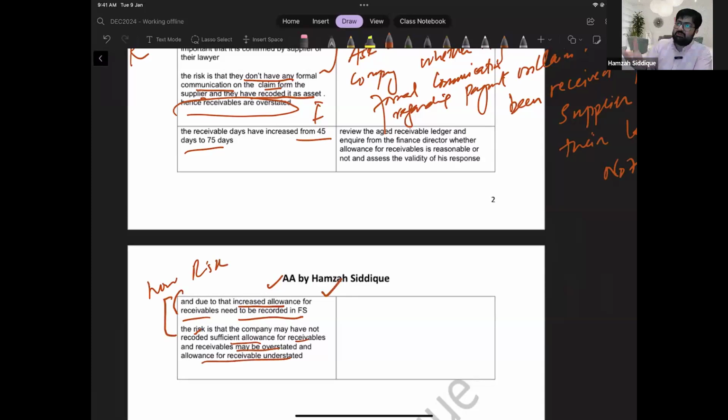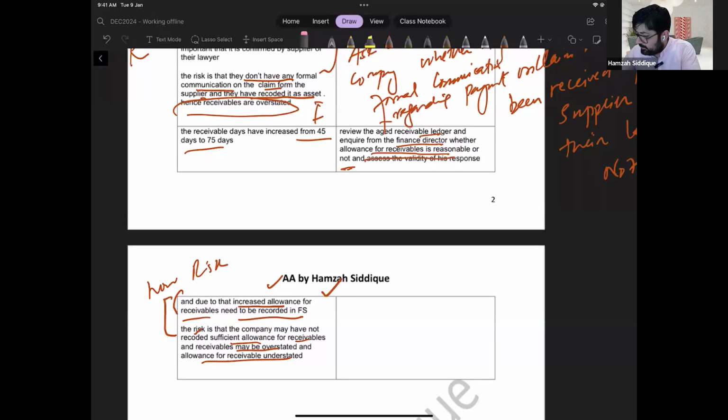There may be a number of substantive tests for us. You can write any which is fit. I have written, review the aged receivable ledger and inquire from the management whether the allowance is reasonable or not. So validity of response is quite repeated. I will modify it.